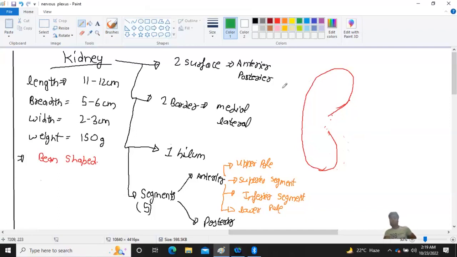So these are the five segments formed in the kidney. Anterior is divided into 4, but posterior is not.